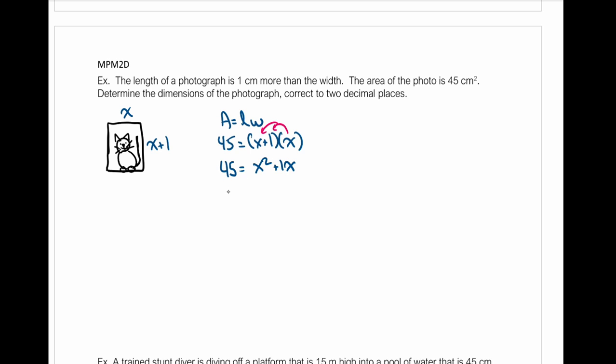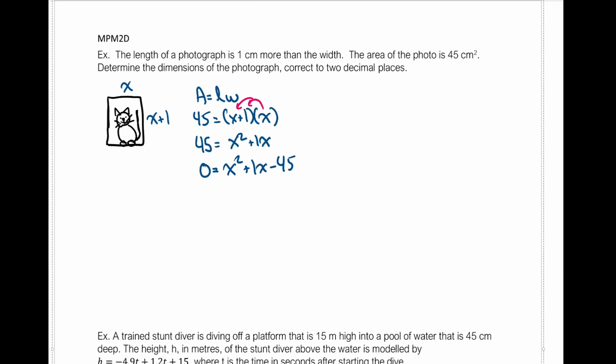If I want to move the 45 over, 0 gets left as a placeholder, x squared plus 1x minus 45. Now looking at this, I could try to factor it, but chances are there may not be two factors that multiply to negative 45 and add to 1. So let's use our quadratic formula.